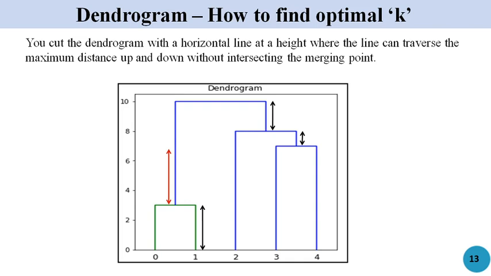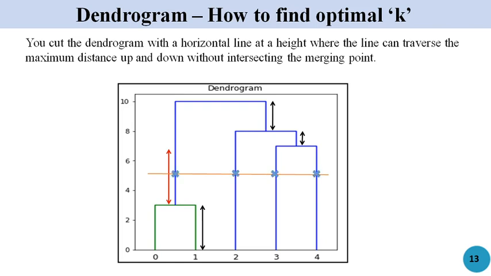Once this is drawn, I need to find which is the longest vertical distance. Out of these 4 distances, the one marked in red is the longest vertical distance. Once I find the longest vertical distance, I need to just draw a horizontal line that is passing through these points. Now, I see that this horizontal line passing through the vertical distance is intersecting at 4 distinct points on the vertical lines in the dendrogram.